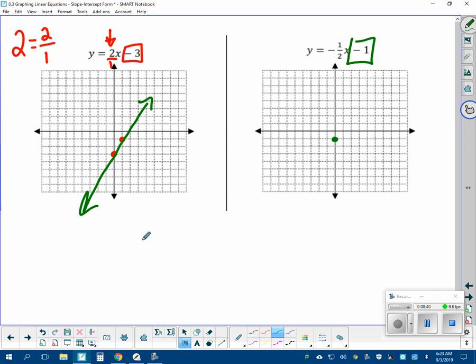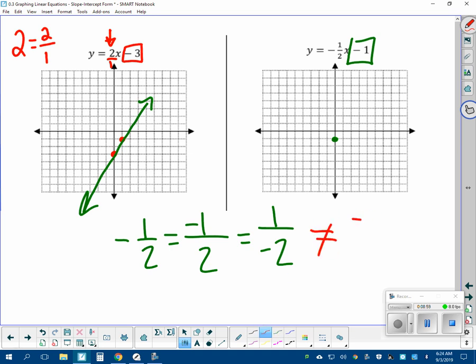Okay, here's some things to think about. If I have negative 1/2, that negative sign is right out front. You have to choose to either apply it to the top only, or apply it to the bottom only. You have to choose one of these. What you cannot do, what it is not equal to, is negative 1 over negative 2.